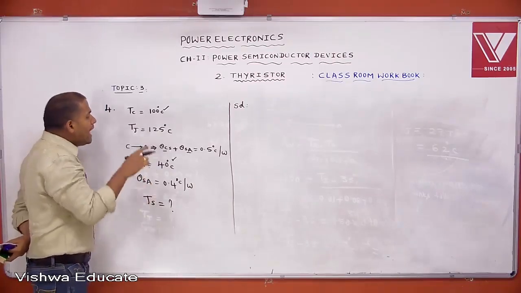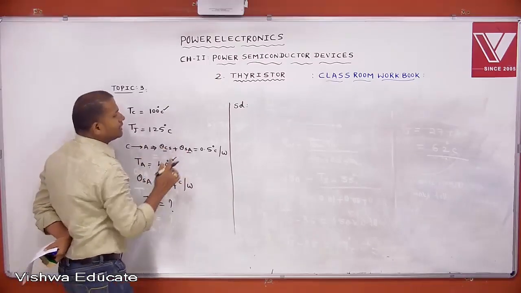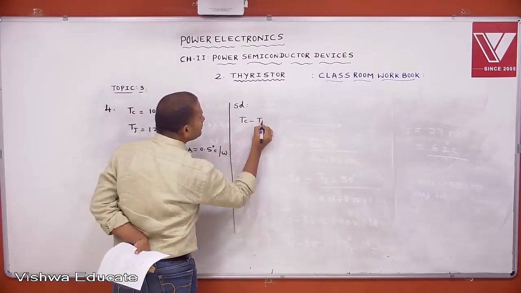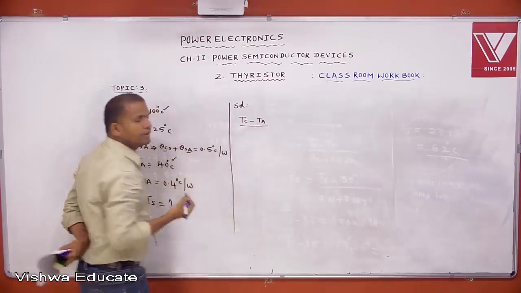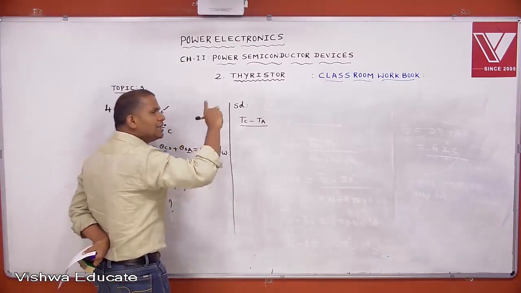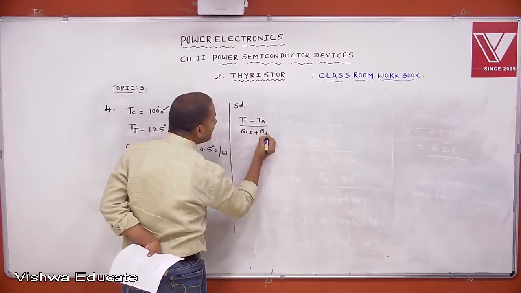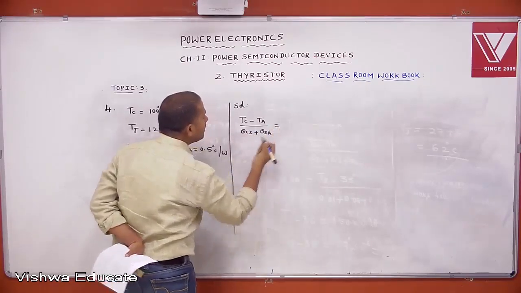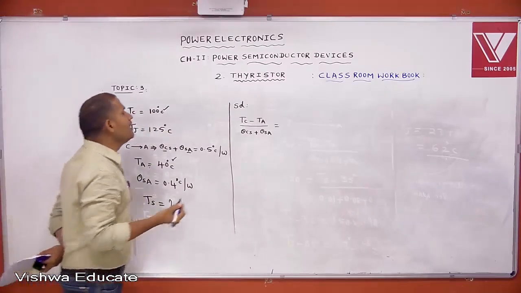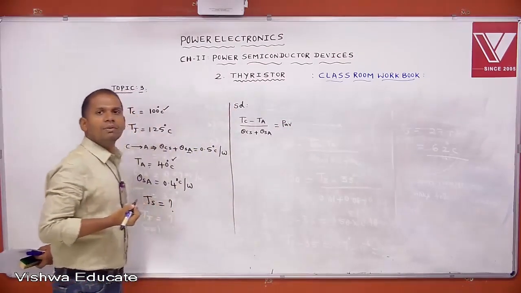Define casing to ambient: Tc minus Ta by casing to ambient, that means theta Cs plus theta Sa. This is the average thermal power from casing to ambient.